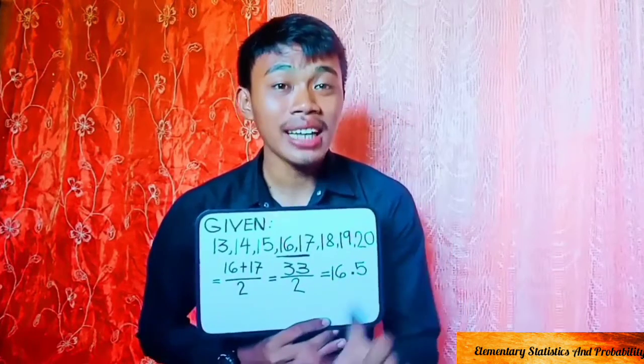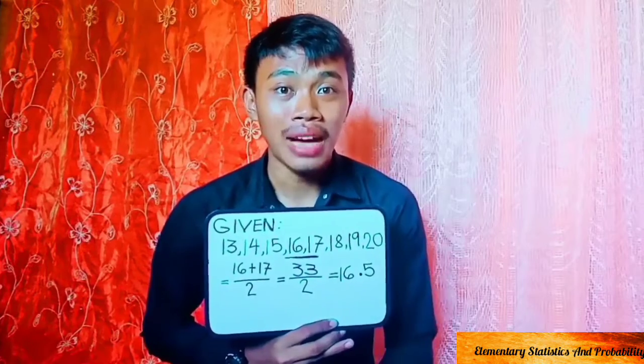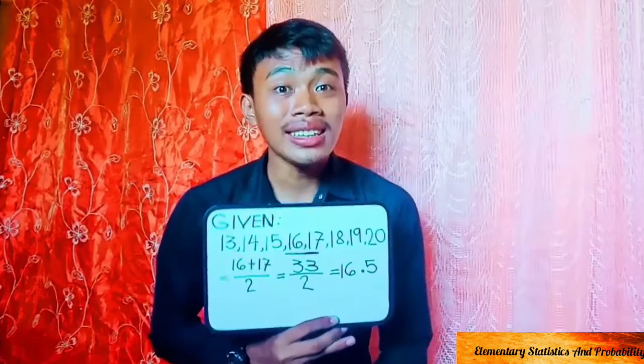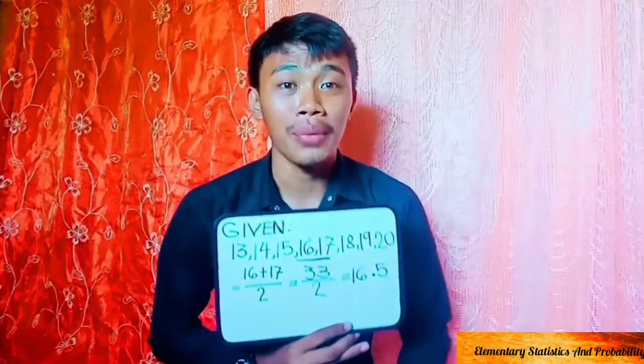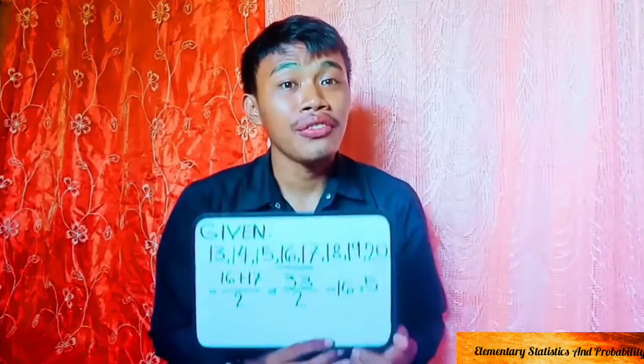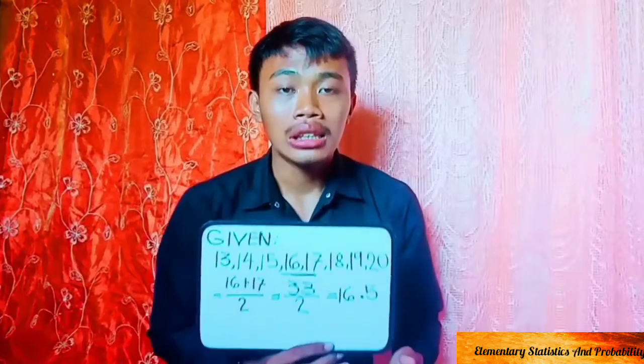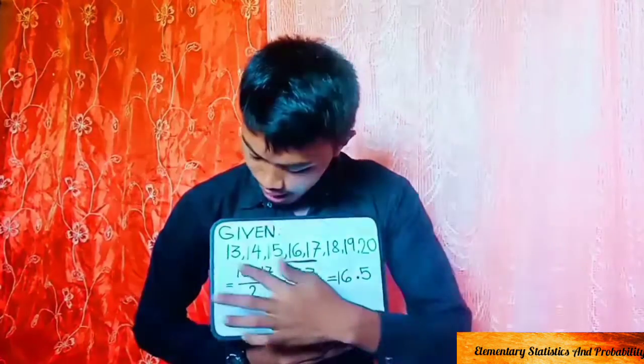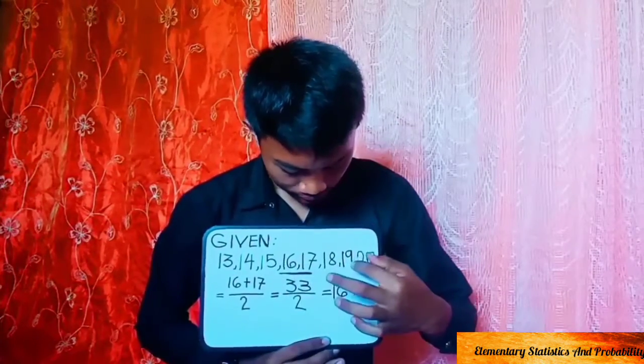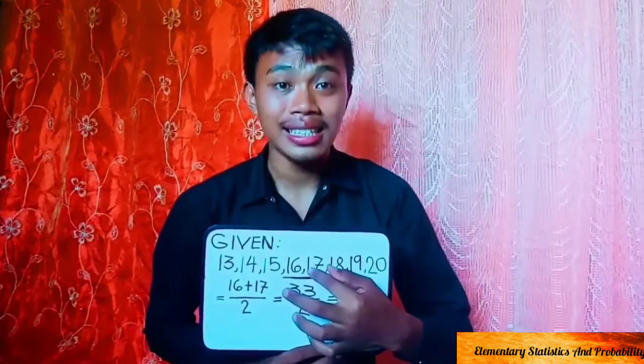So we have 8 values. Since it is an even number, then we divide the distribution in half. Okay, in half. So 20, 13, 14, 19, 18, 17, 15, and 16 and 17.